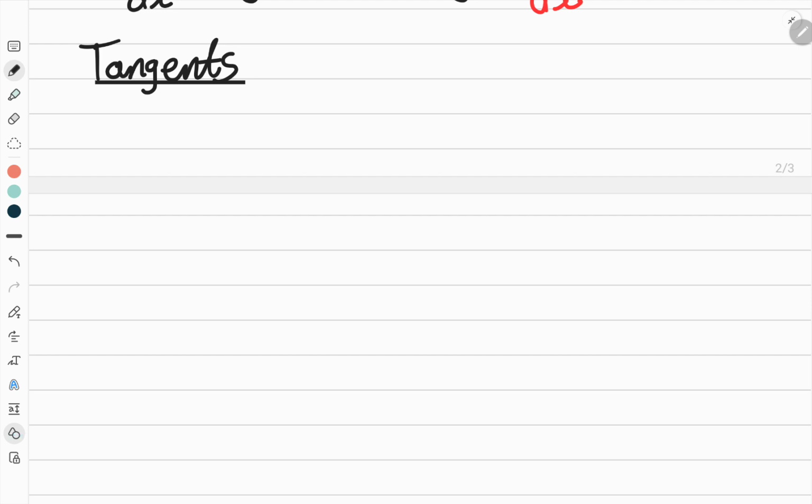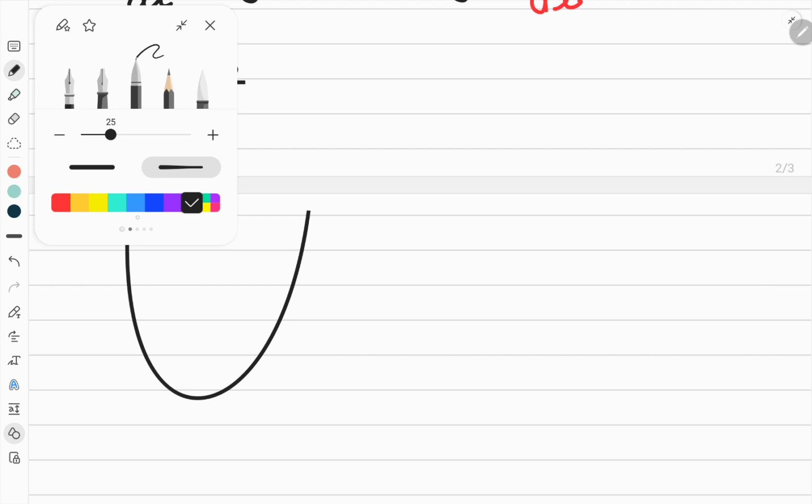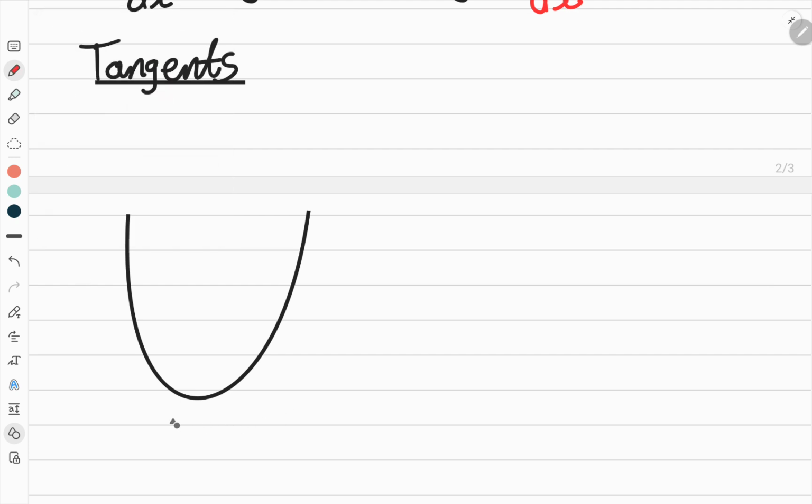For those who don't know what a tangent is, we are saying we have a curve, right? That's a curve. Then what's a tangent then? A tangent is going to be a line that touches the curve.